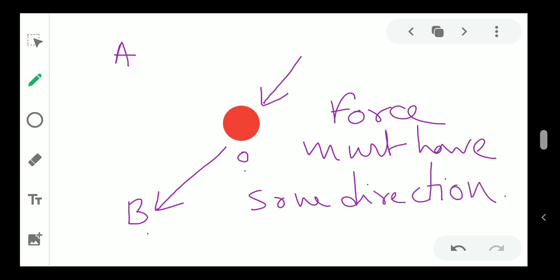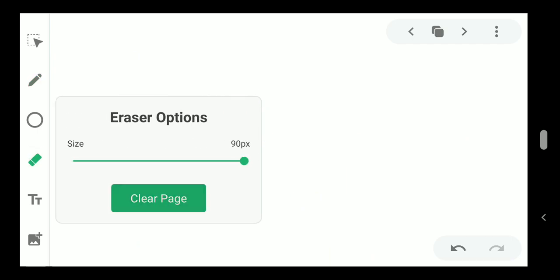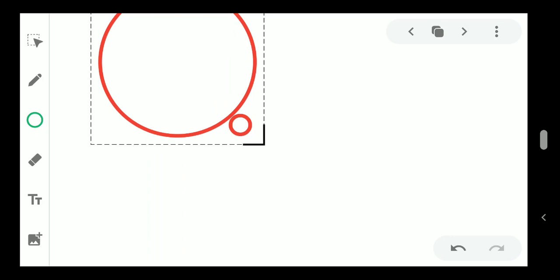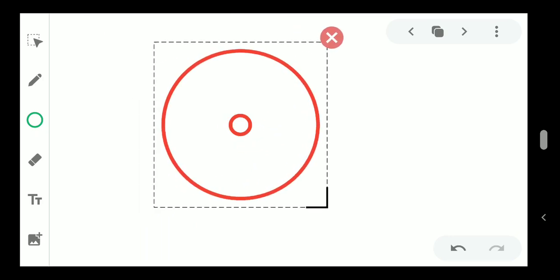So this kind of quantities, like force and velocity, displacement should have direction. Why should displacement have direction? In this case the ball is going from O to B. Let's say you have a small ball here and a circle like this.